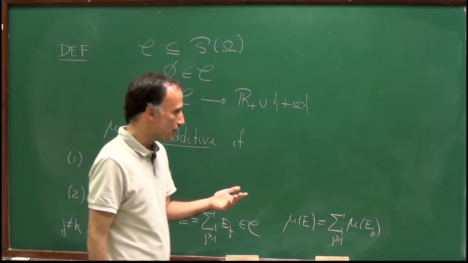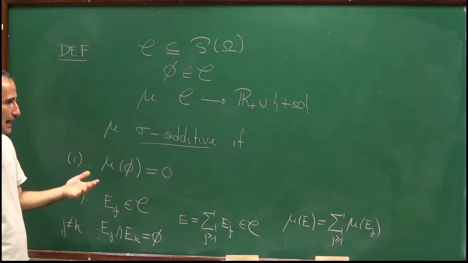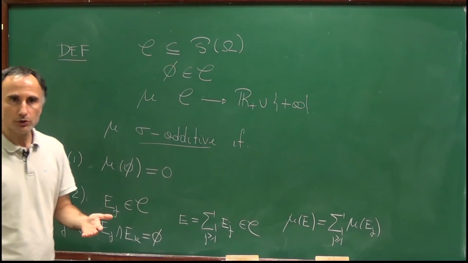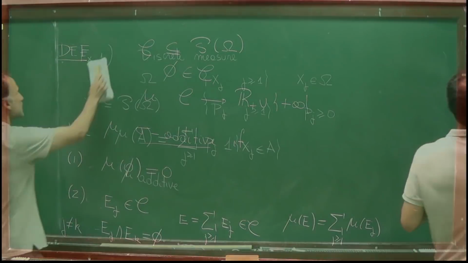So now let's see an example of a function which will be additive but which won't be sigma additive. So let me give you a second example.